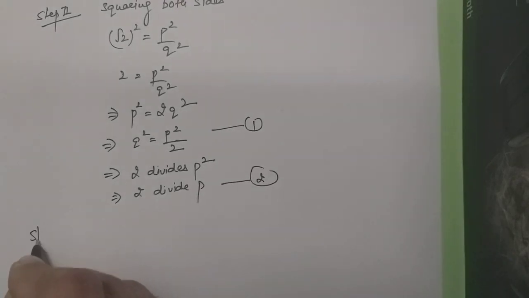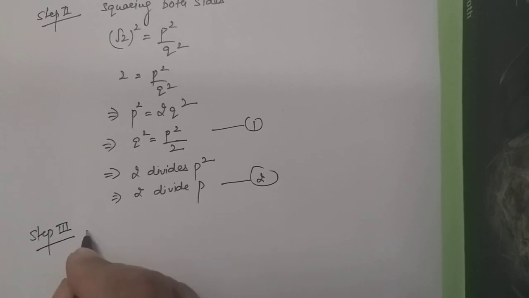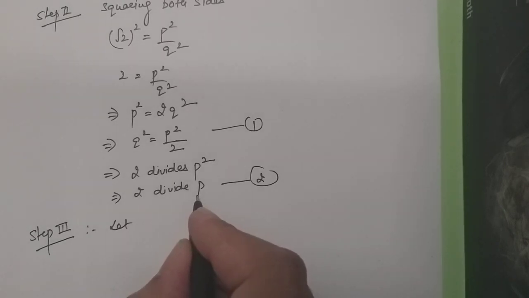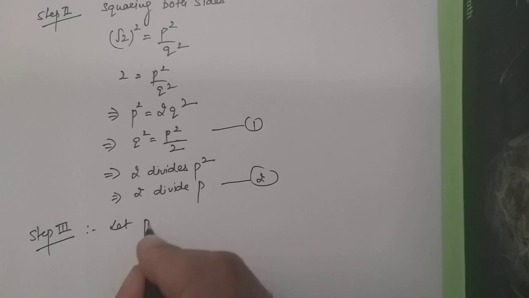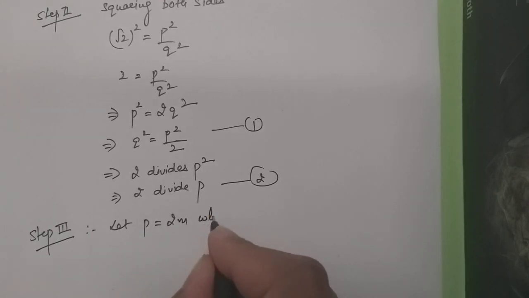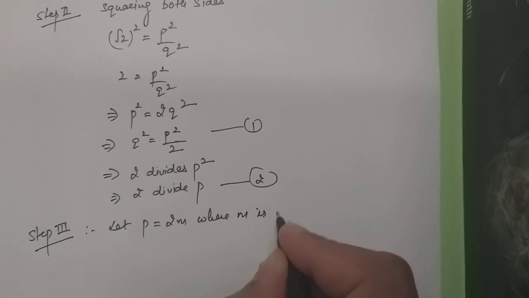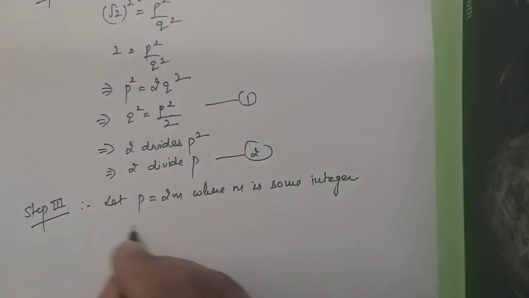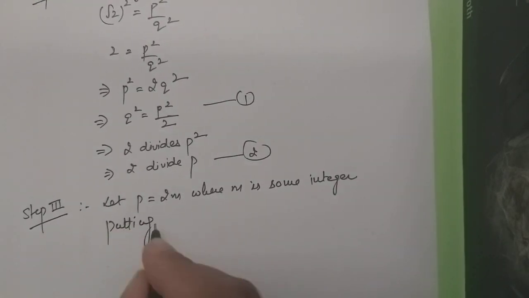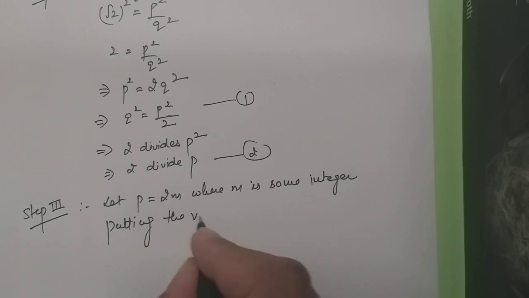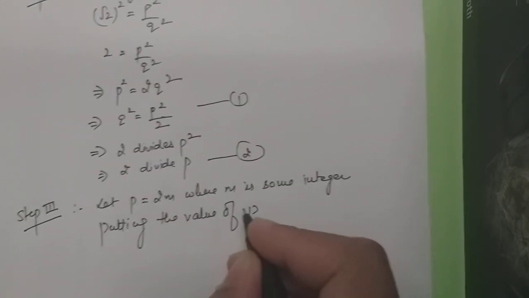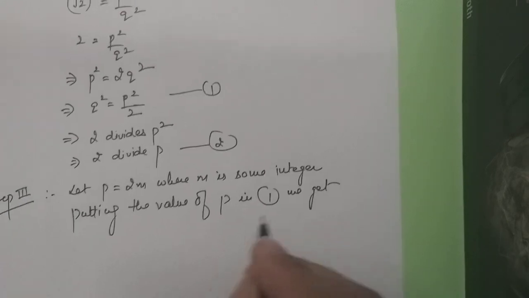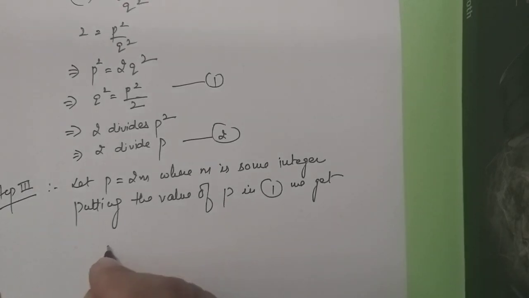Now step 3. In step 3 we check that p is also divisible by 2. So we write let p is equal to 2m, where m is some integer. Putting the value of p in equation 1, we get q squared is equal to (2m) squared upon 2.